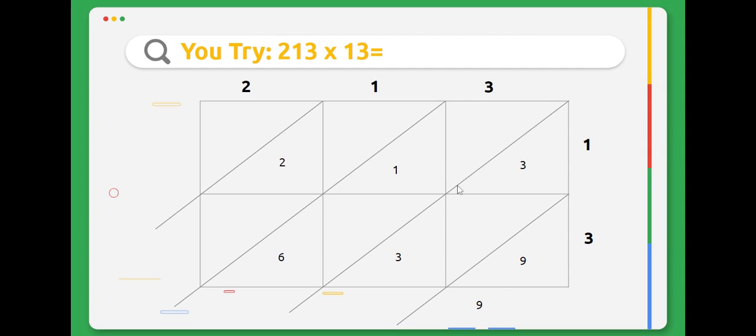Between these two lines here, we have 3 and 3, so we add them to get 6. Between the next two lines is 6 and 1, so 6 plus 1 is 7. There's nothing except for the 2, so we pull it down. So your answer should have been 2,769. Great job.